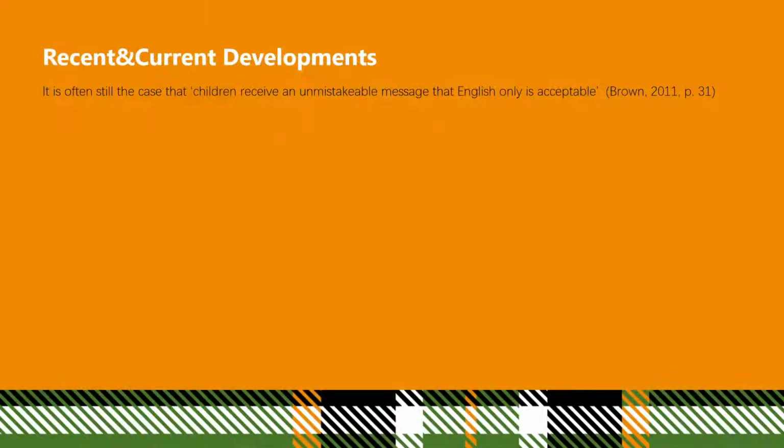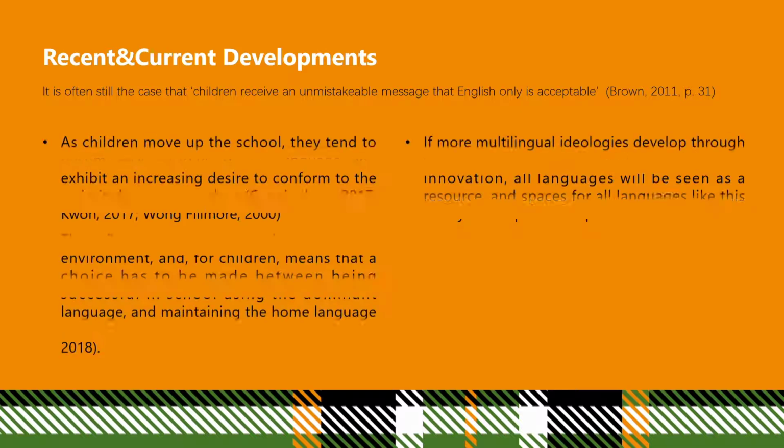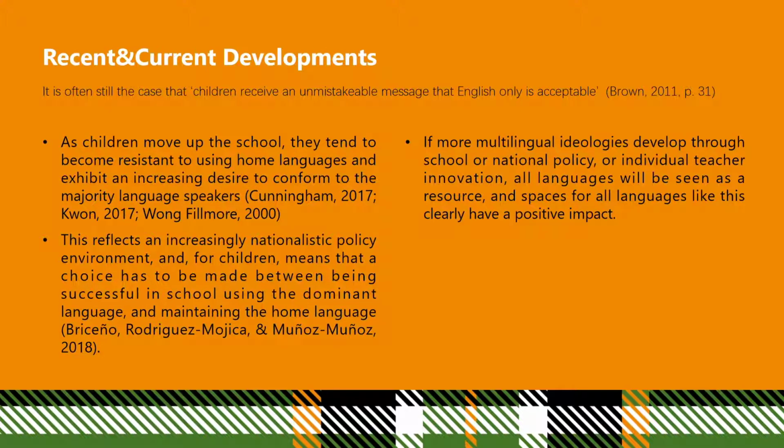However, it is often still the case that children receive an unmistakable message that English only is acceptable, like the dominant language or official language. It has been observed in research across the globe that as children move up through school, they tend to develop resistance to using the home language and choose to use the dominant language.